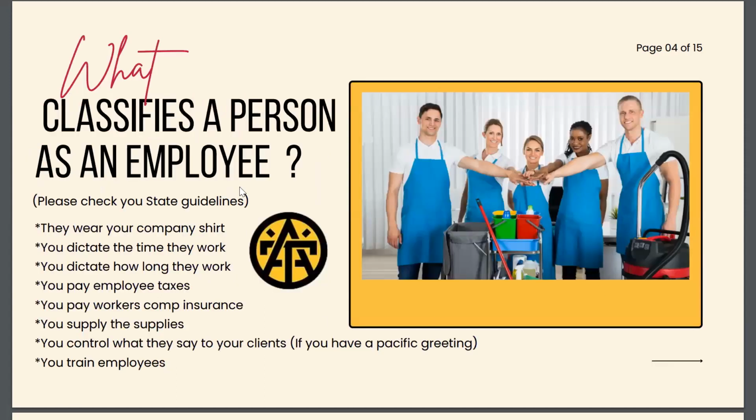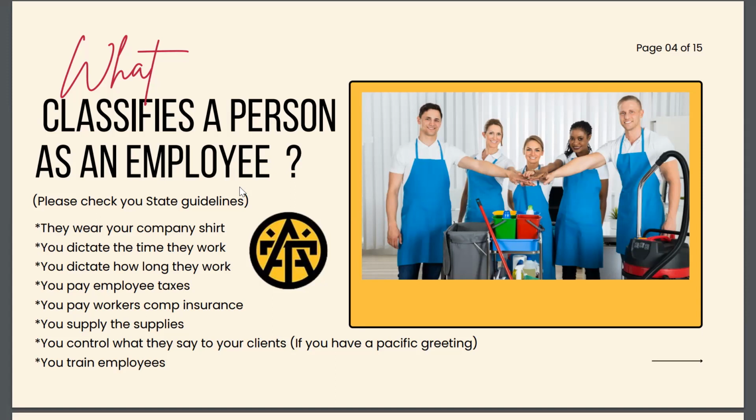Now, what classifies a person as an employee? The cleaning business is notorious for misclassification. Cleaning companies are always misclassifying a contractor as an employee, or an employee as a contractor. But I need you guys to know the difference.